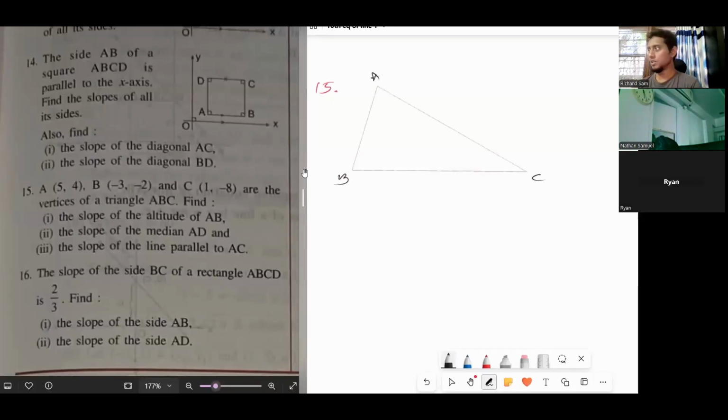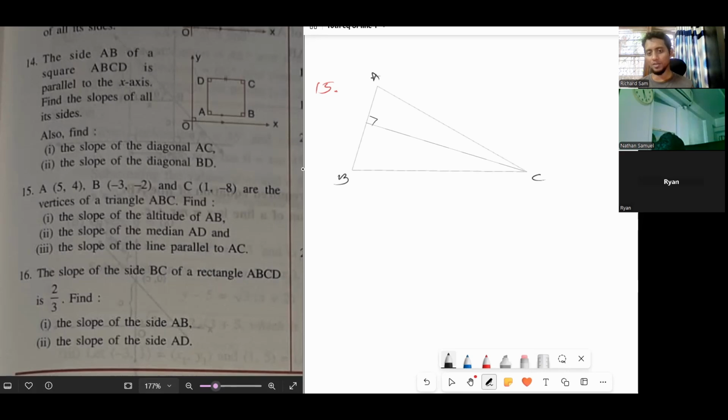What is the altitude of AB? The height from AB. So if this is AB, the height will be a perpendicular line from AB.